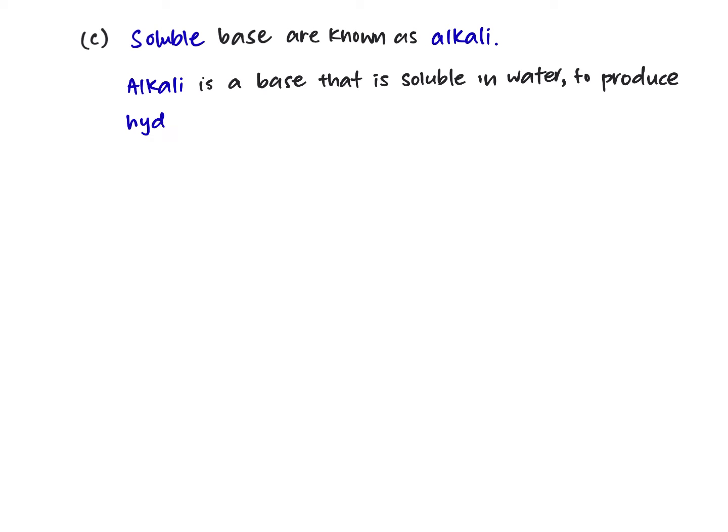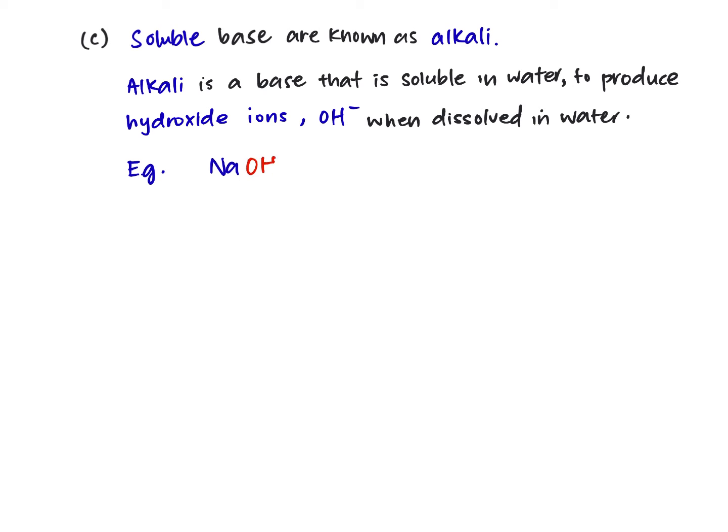This will produce hydroxide ions, with the formula OH minus, when dissolved in water. Example: when NaOH, sodium hydroxide, is dissolved in water, Na plus ions and hydroxide ions, OH minus, are formed.